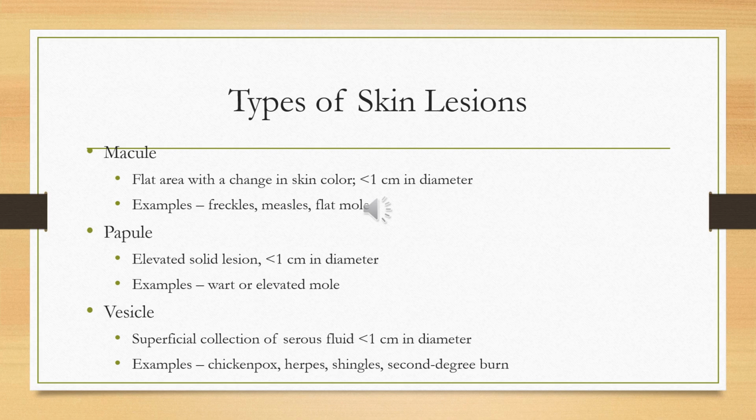A vesicle is going to be an elevated lesion, and so it's going to be less than 1 centimeter. So when I say elevated but superficial, might have some serous fluid in there. So an example of that would be like a chicken pox or herpes or shingles, even a second-degree burn.